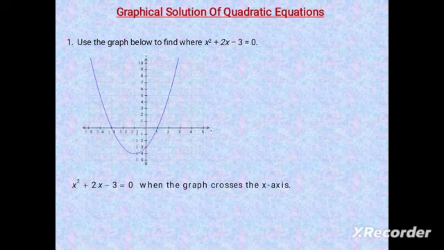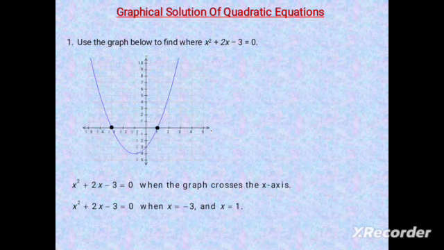Now, x squared plus 2x minus 3 equal to 0. That is when the graph crosses the x-axis, and definitely that is what we are using here. So, we have it that x squared plus 2x minus 3 equal to 0 when x is equal to minus 3 and x is equal to 1.